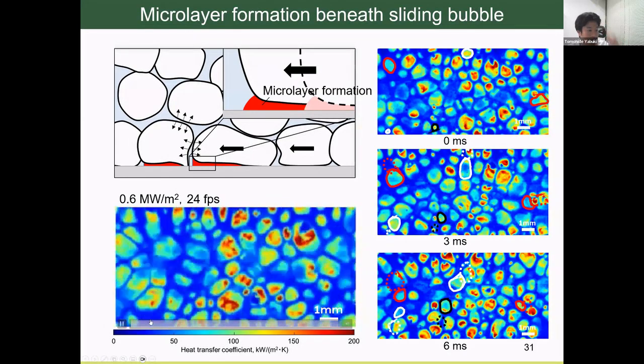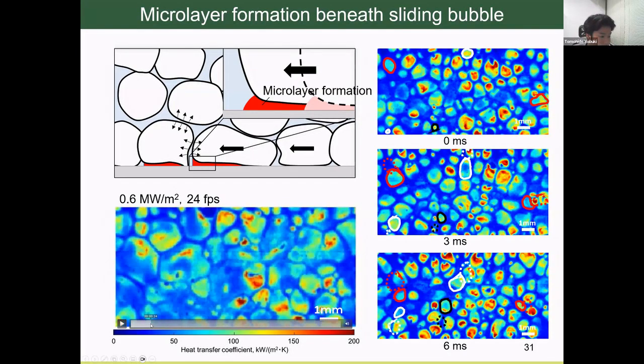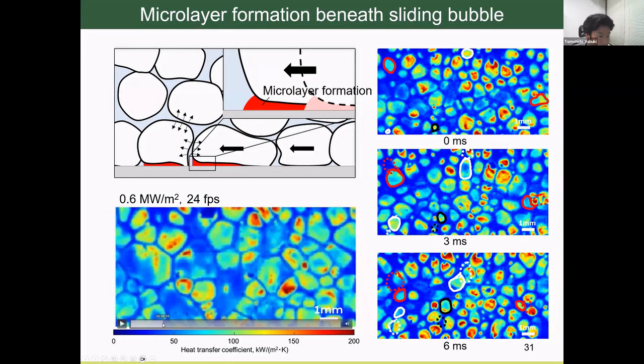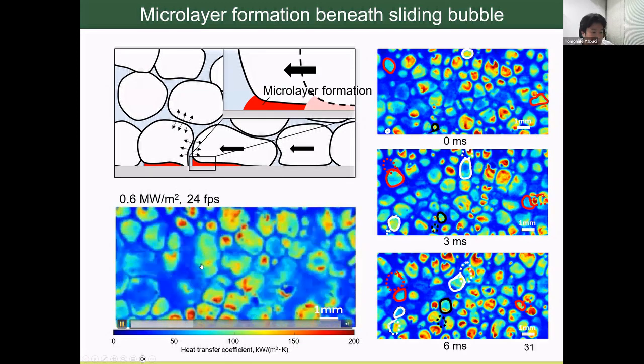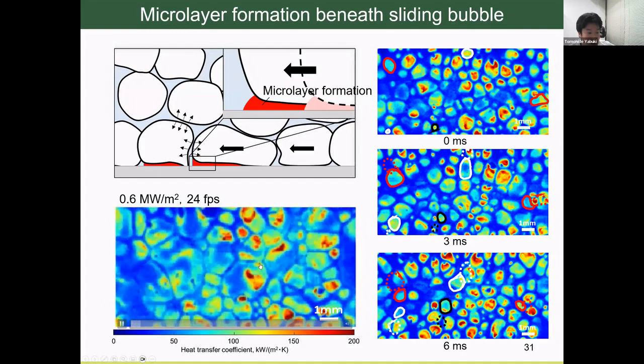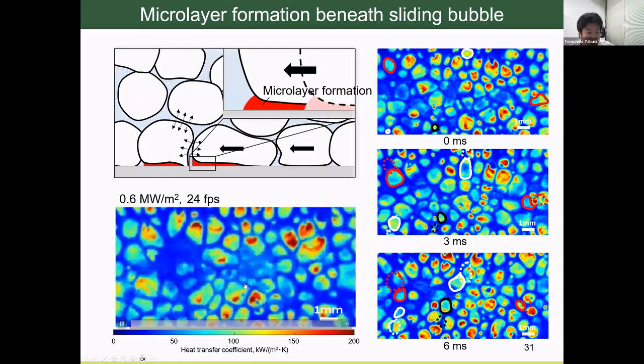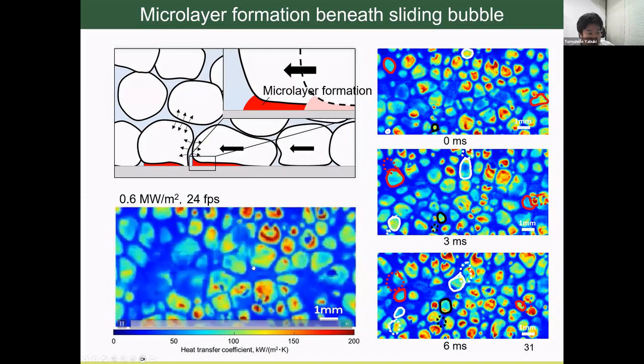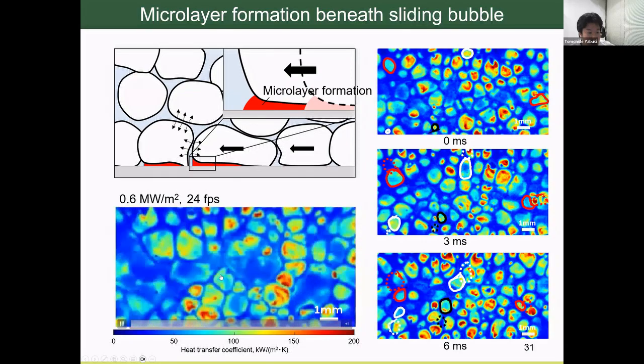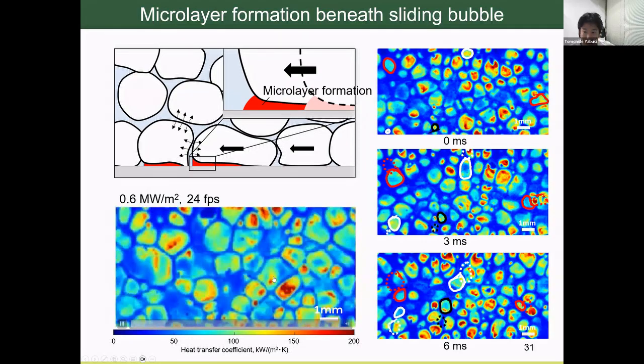So here in this video, first you can see so many primary bubbles tightly packed on the surface. And also you can see these bubbles are sliding on the wall, moving on the wall. And also there is a microlayer under the sliding bubbles.